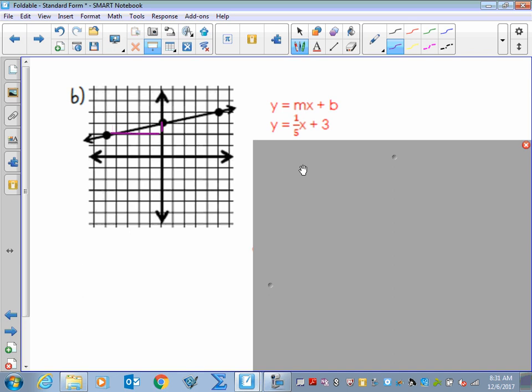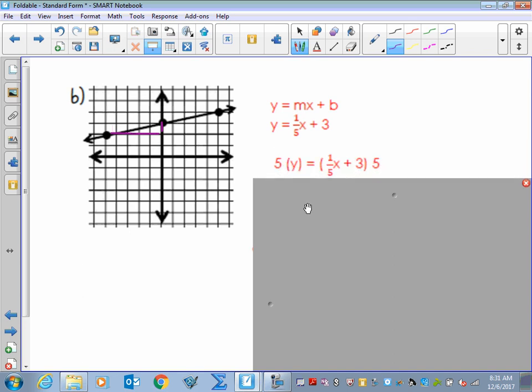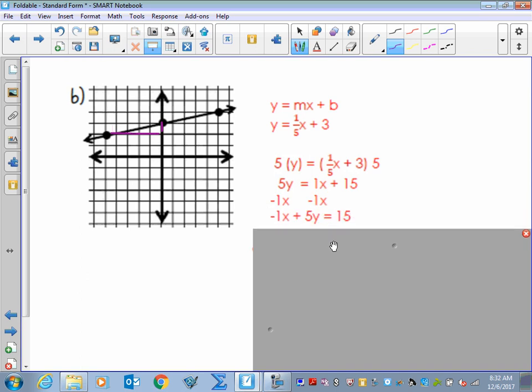So how do I get rid of the 1/5? Multiply everything by 5. So when I multiply everything by 5, that's going to give me 5y equals what? x plus 15. Right, we actually just say x. And then we're going to move the x to the other side. When we do that, we end up with a negative x plus 5y.